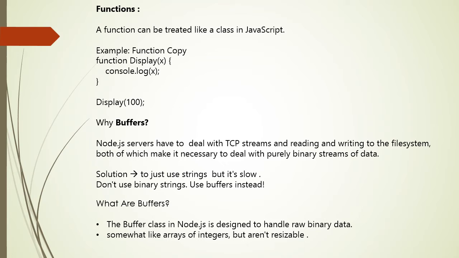The integers in a buffer each represent a byte and so are limited to values from 0 to 255 inclusive. When using console.log to print the buffer instance, you will get a chain of hexadecimal values.